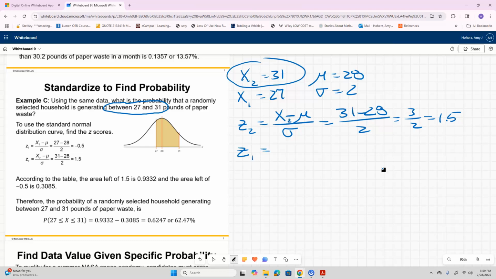This was our x2, so now we're going to do x1 minus mu over sigma. In this case, our x1 is 27 minus 28, all over 2. That's below average, so we have a negative 1 over 2, which gets us negative 0.5. And be really careful when you go to the chart. You have to make sure that you're on the negative side, that you don't get 0.5 instead of negative 0.5.